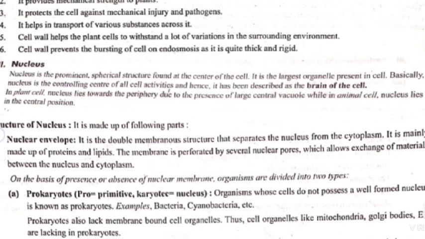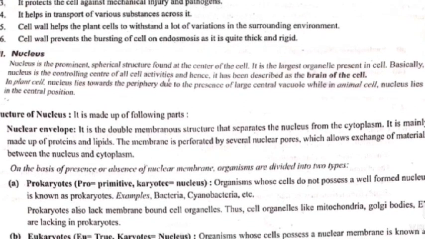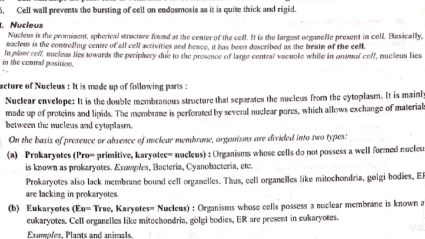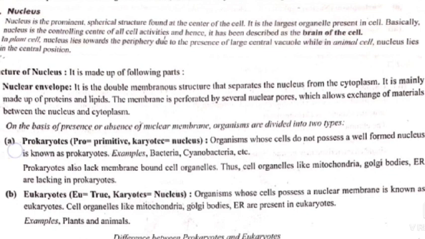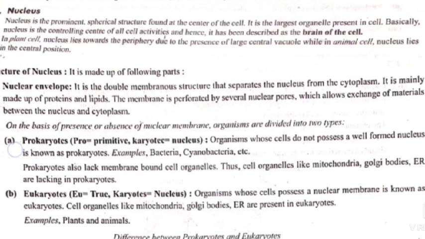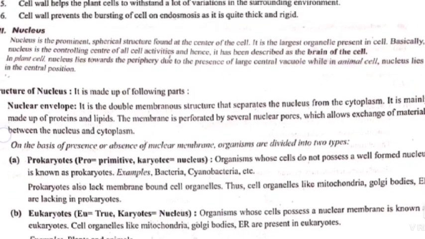Structure of nucleus: nuclear membrane or nuclear envelope or karyotheca; nucleoplasm or karyoplasm or karyolymph; chromatin net; nucleolus or little nucleus or ribosome factory.